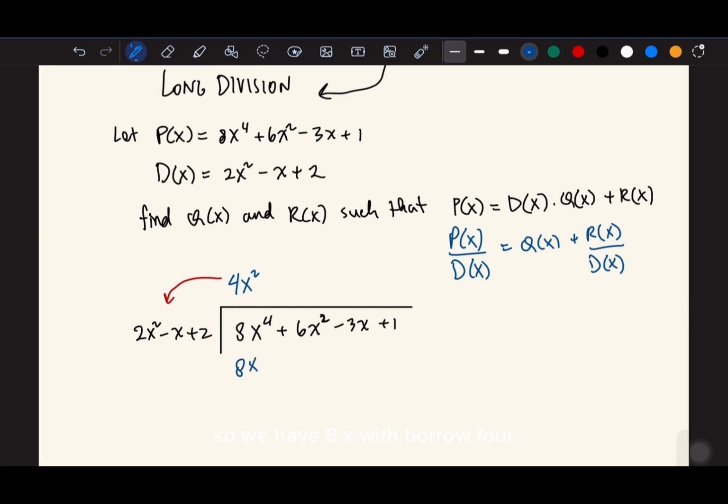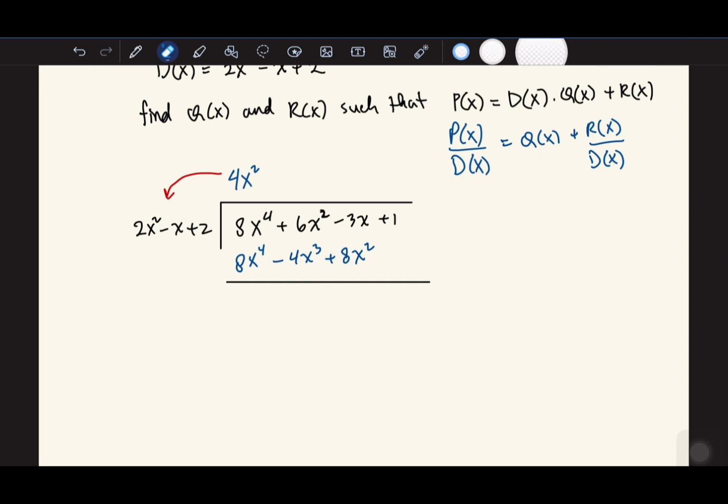So we have 8x to the power of 4, and then minus 4x cubed, and then plus 8x squared. Now we subtract this. This will be cancelled, and we have 0 minus 4x cubed for the x cubed, right? So we have minus 4x cubed. Let me write here to make it clear. And then 6x squared minus 8x squared is minus 2x squared. And then we have minus 3x and then plus 1.